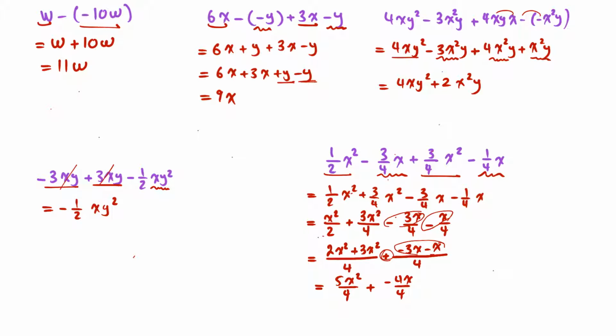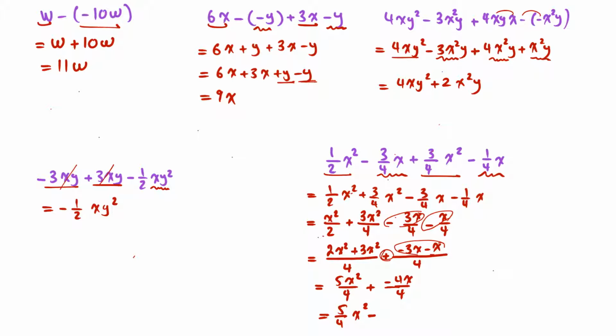So now to simplify this as much as we can, or to write it in better form, I will write this as 5/4 x squared. And here I have a plus multiplied by a negative, which gives me a negative, and I have 4 divided by 4, which gives me 1.